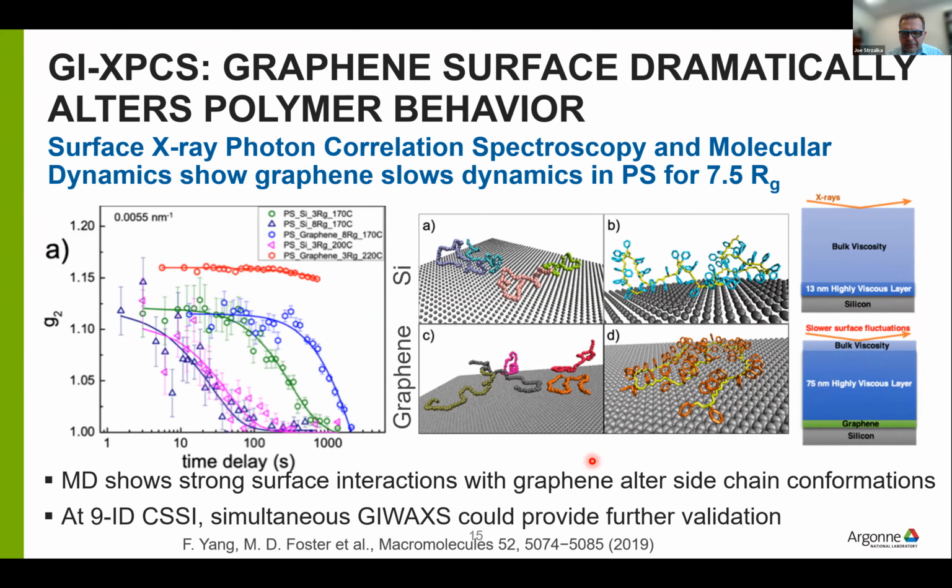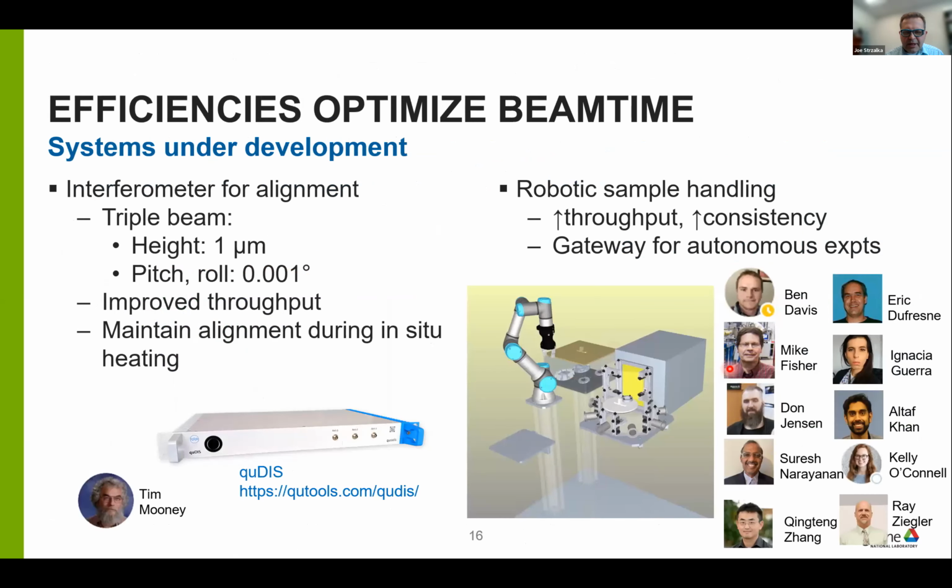So with the new instrument and the detector for simultaneous GIWAXS, we should be able to improve on this experiment by also validating the view suggested by the simulation work, and be able to see the change in mean orientation of the styrene rings. So further validating this view.